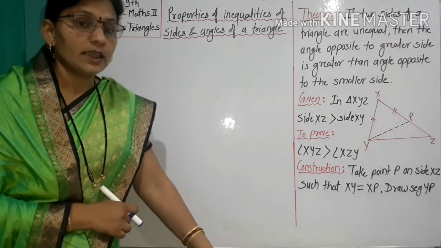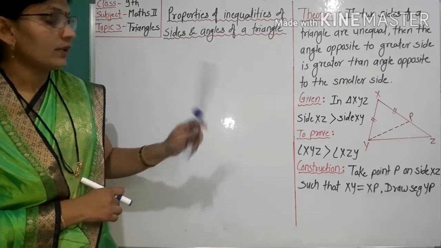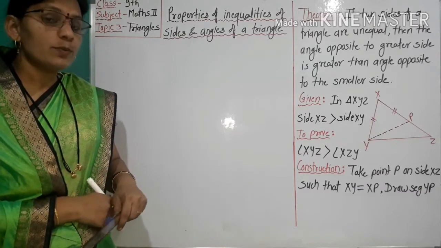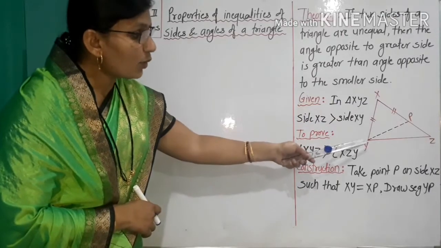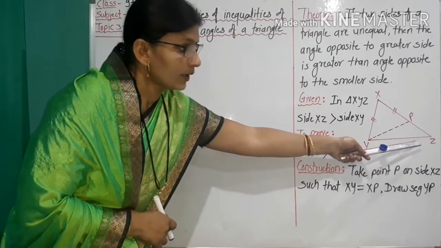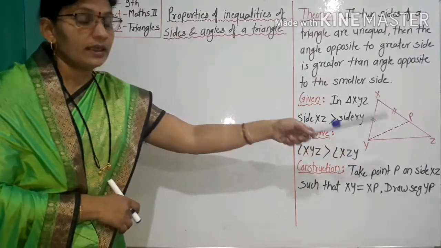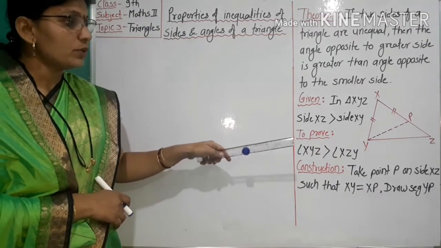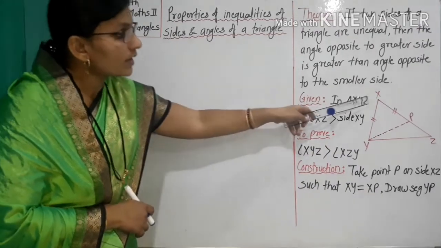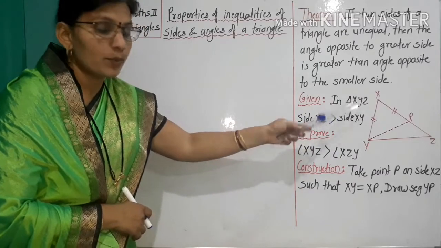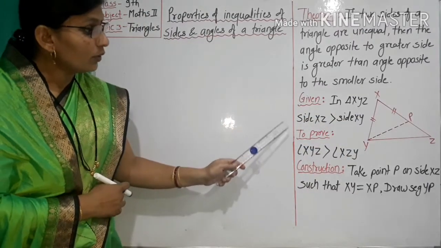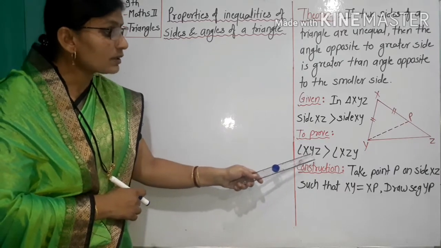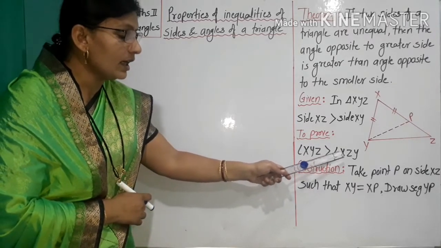This is the given part. Then we have to prove that the angle opposite to the greater side, this angle XYZ, is greater than the angle opposite to the smaller side. The smaller side is XY. Its opposite angle is XZY. So here we have to prove that angle XYZ is greater than angle XZY.